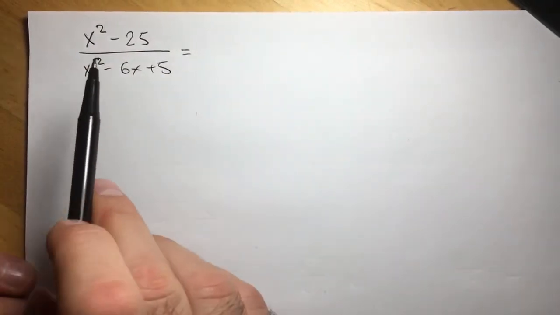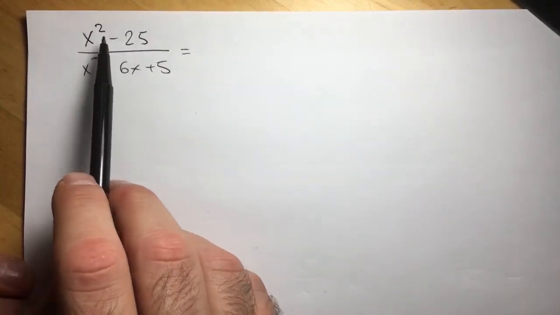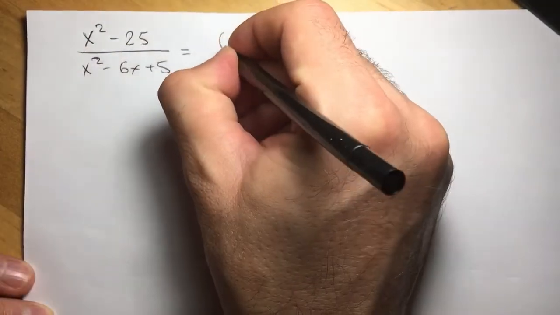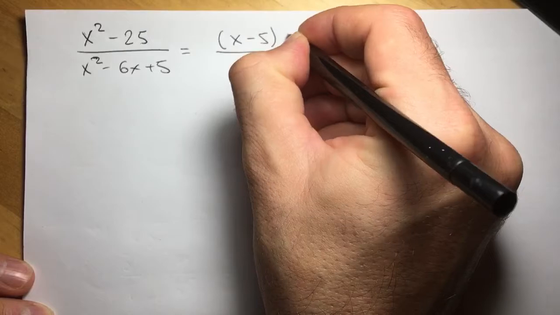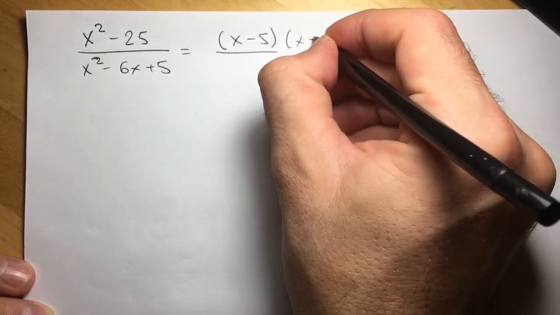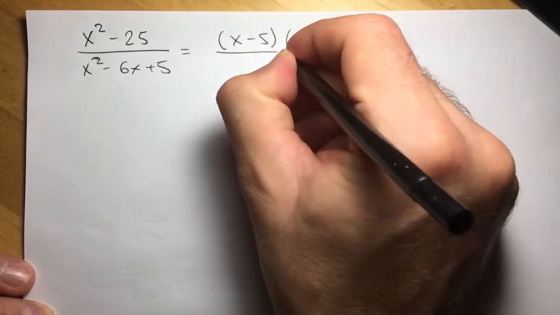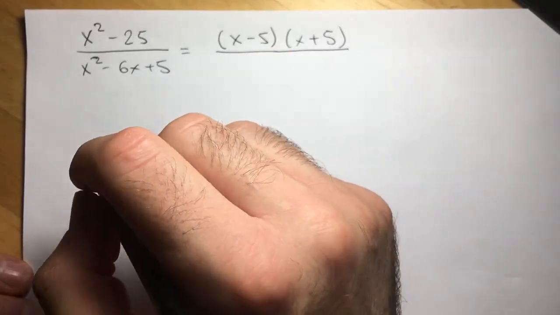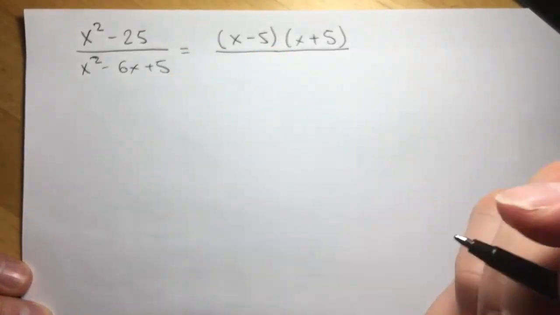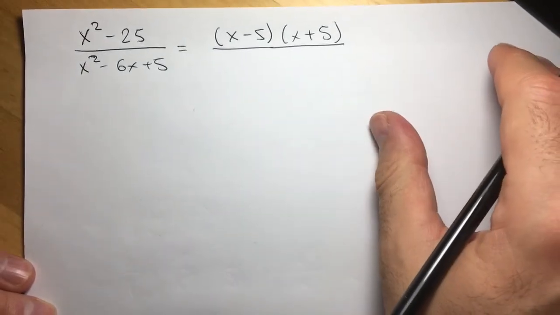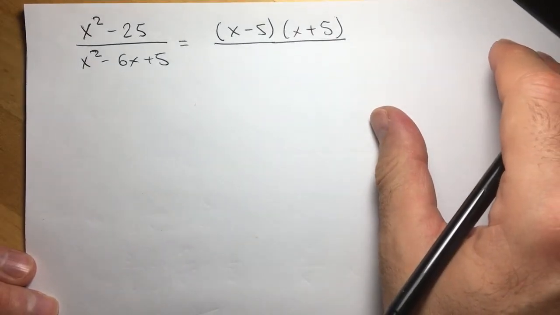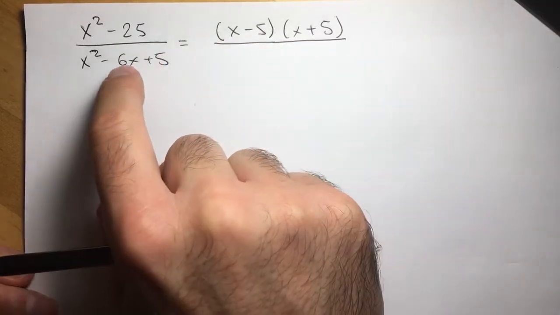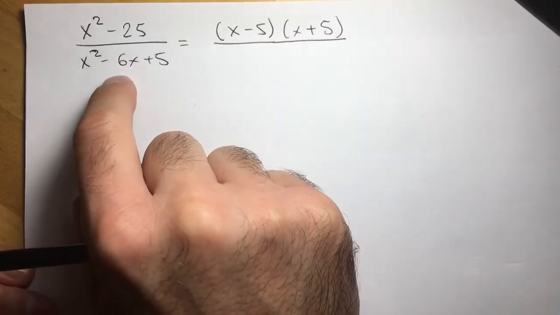You should be able to recognize right away that the numerator is a difference of squares, so that's x squared minus 5 squared, which factors into x minus 5 times x plus 5. Now, what would be the fast way, the good way to use the factor theorem? I wonder whether I have x minus 5 or x plus 5 in the denominator.